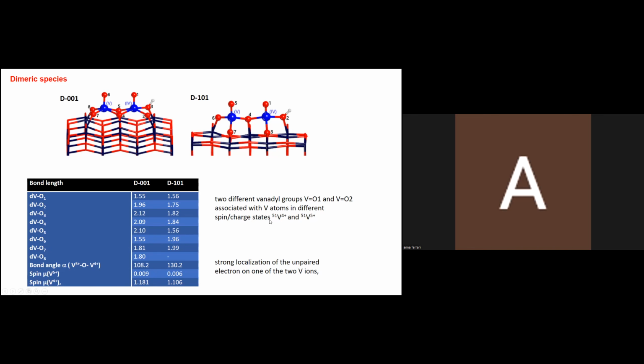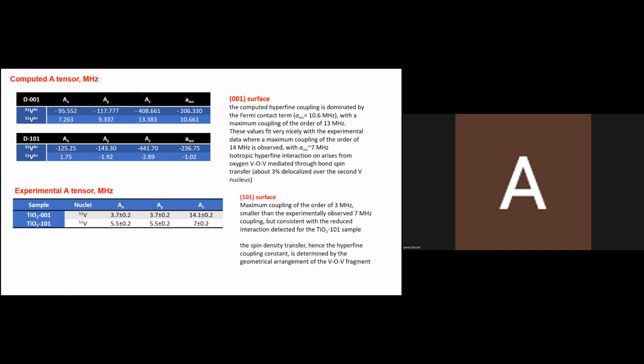So now we look at what we know about the comparison between the computed hyperfine tensor and the experimental hyperfine tensor. We first consider the 001 surface. In this case, we have to consider a component on vanadium 5.